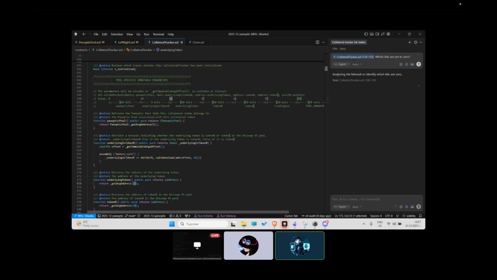Byte 21 is the underlying token, exactly, and they only want 20 bytes, so they remove 12 bytes, which is 96 bits. So byte 21 to 41 is the underlying token. They shift right because when they do calldataload, it brings 32 bytes, so they need to chop off the extra 12 bytes that would be a part of token 0.